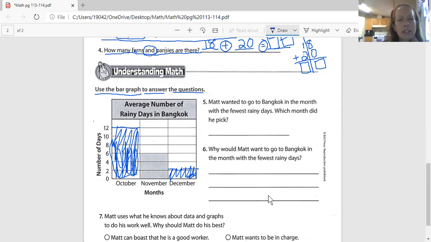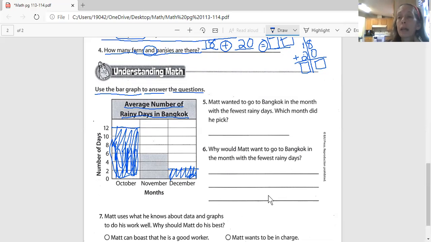The title says, average number of rainy days in Bangkok. And this label says the number of days, and this label says the months. Now, looking at the number of days again, remember I told you that it isn't always going to be 1, 2, 3, 4, 5. Sometimes they're going to skip count. And if we look today, we've got 0, 2, 4, 6, 8, 10, 12.